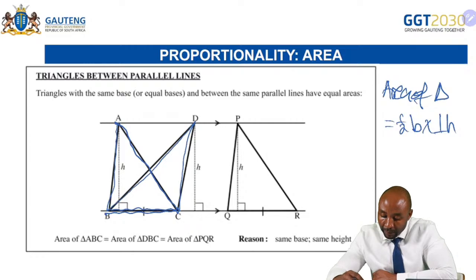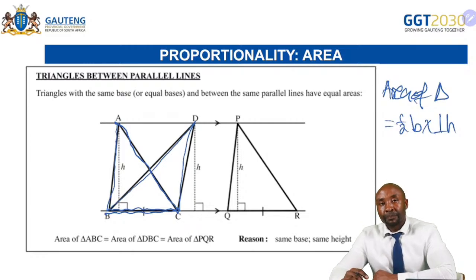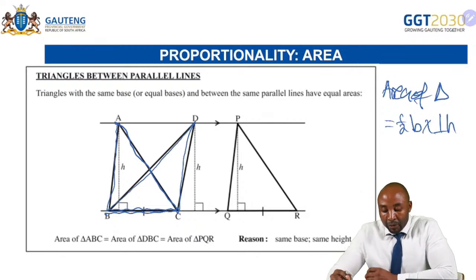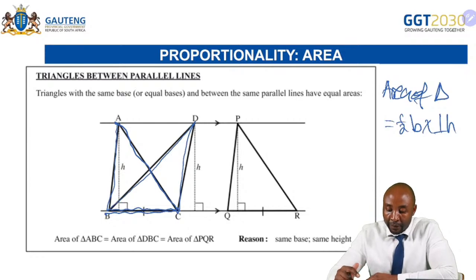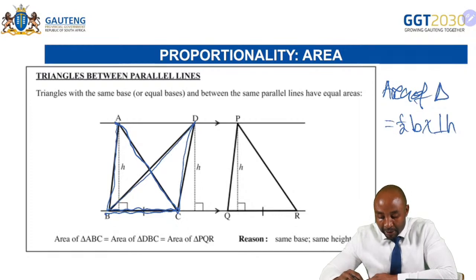We use this information when we do the proof of the proportionality theorem. Now, as well, we are going to use this concept when we are finding the area of triangles, where we are applying the proportionality theorem to find the ratio of the areas of the given two triangles, and so on and so on.